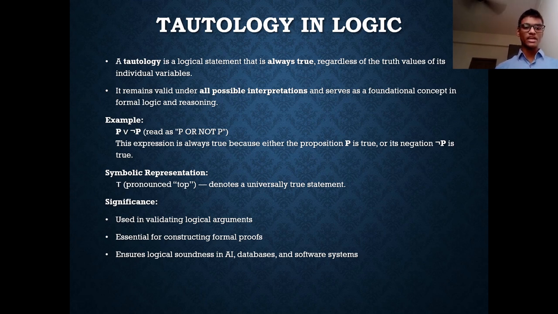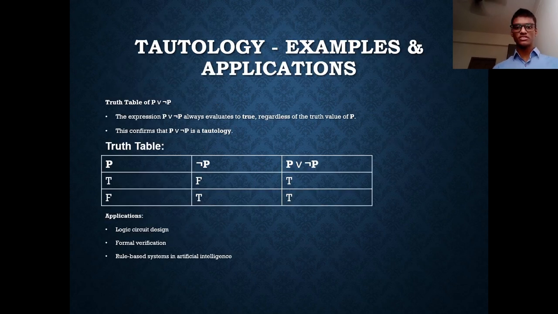Symbolic representation: T, pronounced as top, denotes universally true statements. Significance: used in validating logical arguments, essential for constructing formal proofs. Ensures logical soundness in AI, database, and software systems.